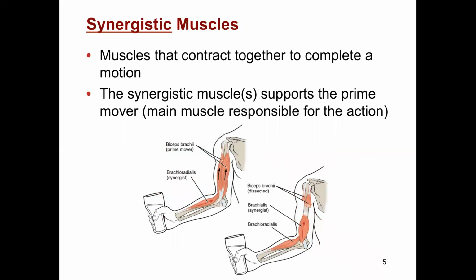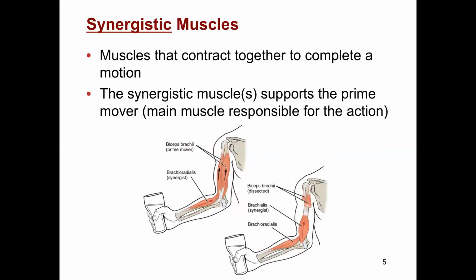Whereas synergistic muscles are contracting simultaneously, and usually synergistic muscles are supporting the prime muscle. In this case, when you're bringing your weight upwards, the biceps is contracting, and there are a few other muscles that are also contracting to support that movement. So the brachioradialis and the biceps brachii.